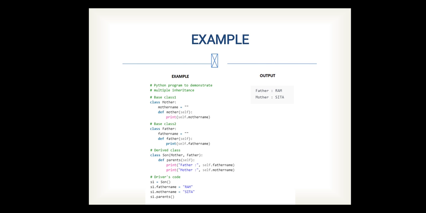When we are calling the method parent, which is specified in the derived class, it is going to directly print the values of those parameters. Father name is Ram and mother name is Sita. So it is directly going to print, but father name and mother name are parameters that belong to the parent class.